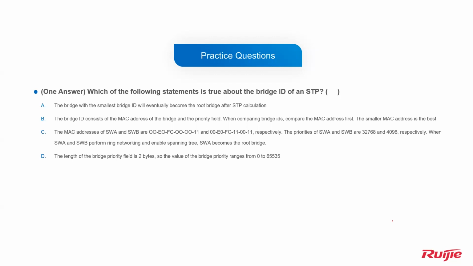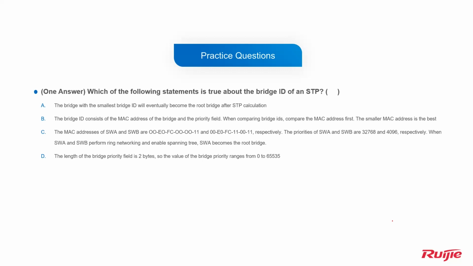Obviously, it's true, right? A is true. B, the bridge ID consists of the MAC address of the bridge and the priority field. When comparing bridge IDs, compare the MAC address first, and the smaller MAC address is the best. Obviously, it's false, right? We should compare the priority first, not the MAC address first.